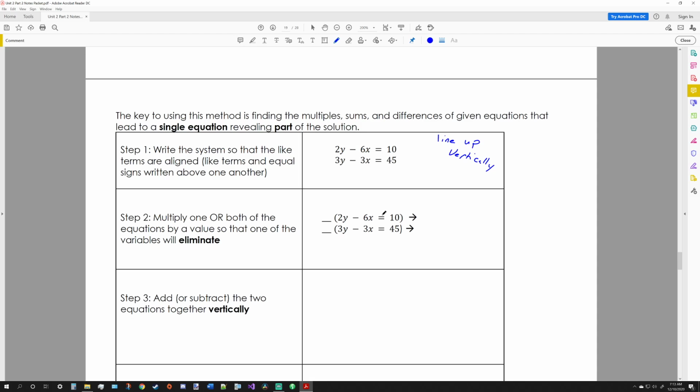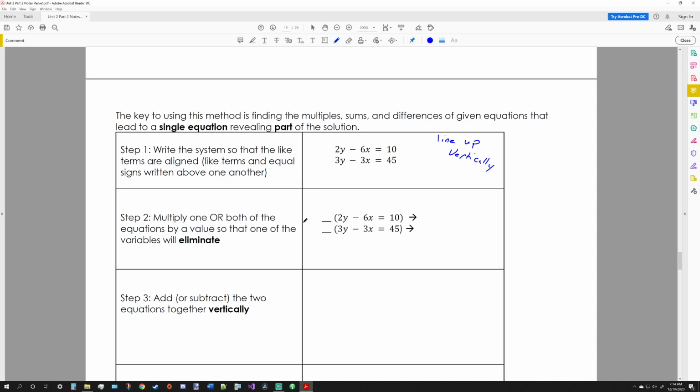Next is we're going to set this up for elimination. So right now, if I tried to eliminate the y variable, I would have 2y and a 3y. And if I combine that, I get 5y. That hasn't eliminated it. If I subtract it, I get negative y. Okay, so we have to get the same coefficient.